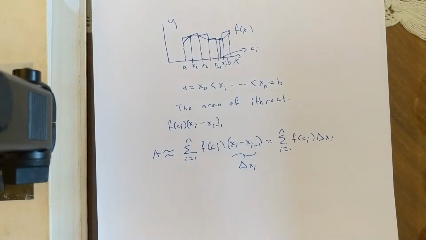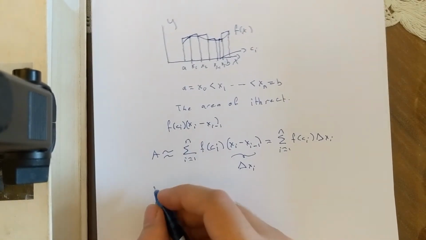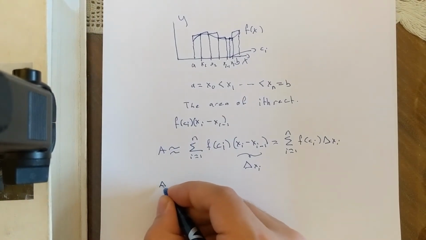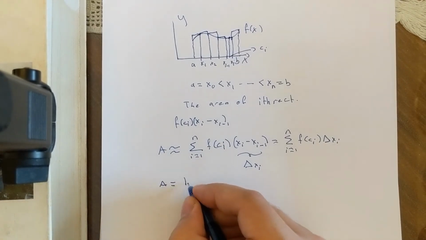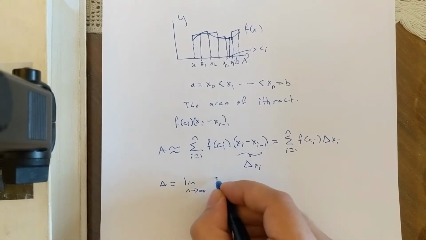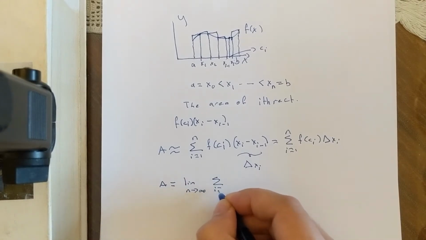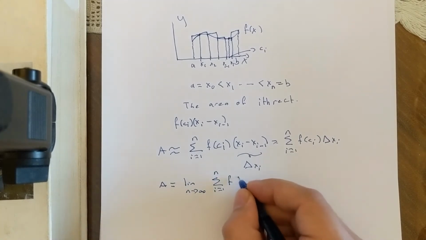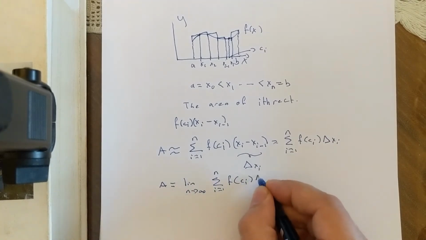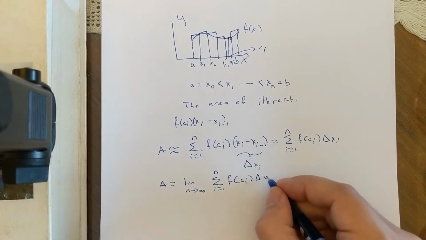So the idea here is that we would expect, if the limit exists, of course, this to be the limit as n goes to infinity of these guys. So if I do it with infinitely many rectangles, I would get exactly the area under the curve, okay?